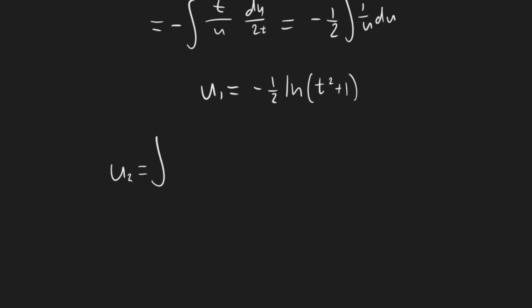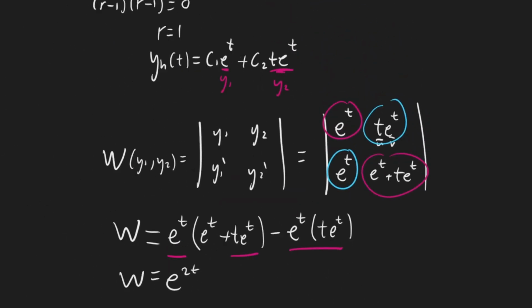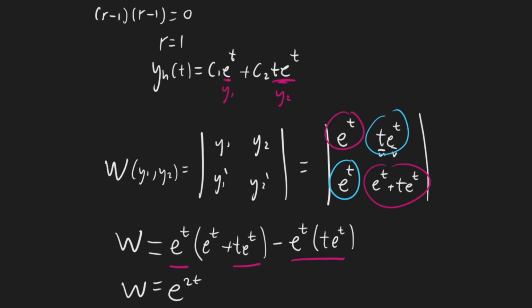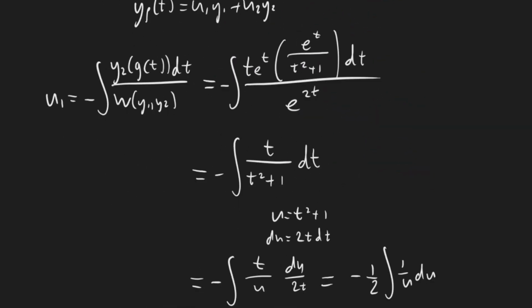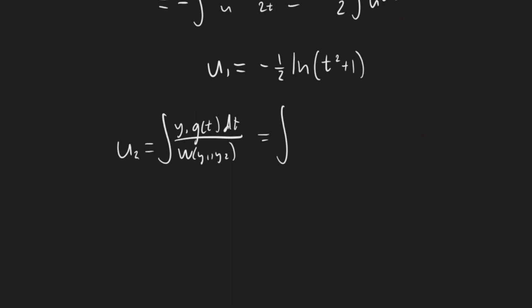This is defined as the integral of y1 times g of t dt, divided by the Wronskian of y1, y2. Okay, so what is y1? Well, y1 is all the way up top, right? We said y1 was e to the t, so we can fill that out. Okay, so e to the t, and then nothing changed about g of t.